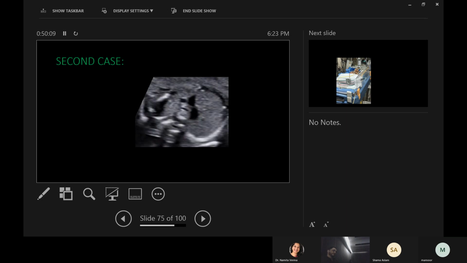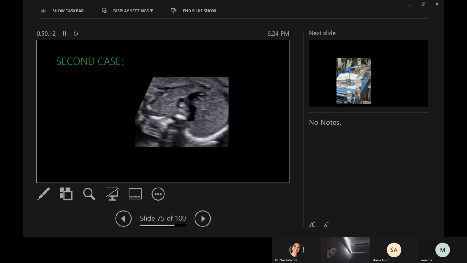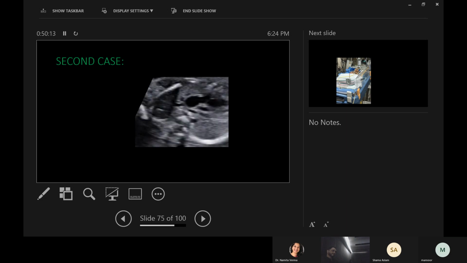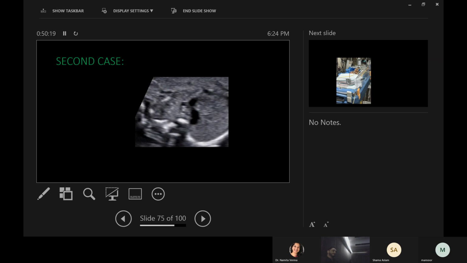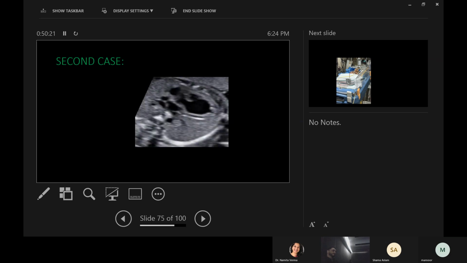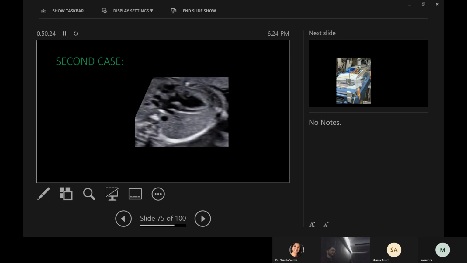And anything else? So what about the monoventricle? Which ventricle is hypoplastic?